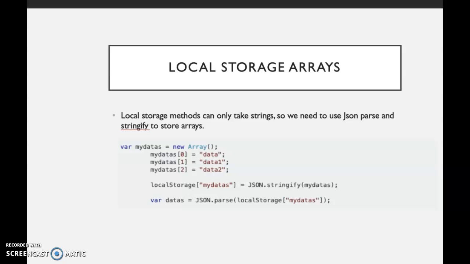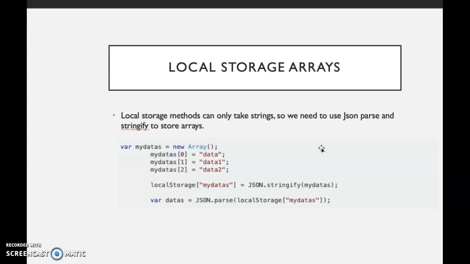Like we talked about in my other video about JSON parsing and stringify, what's happening in local storage with arrays and objects is that they are different kinds of data, and we cannot store an array or an object directly.